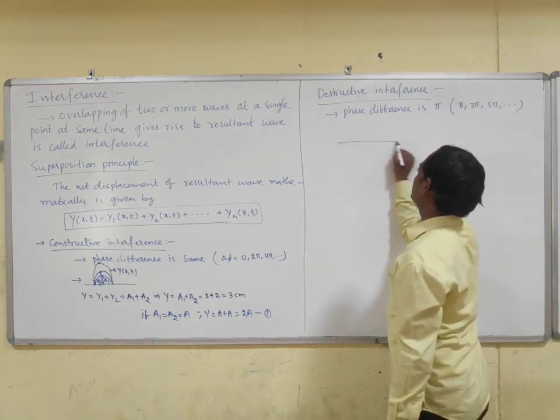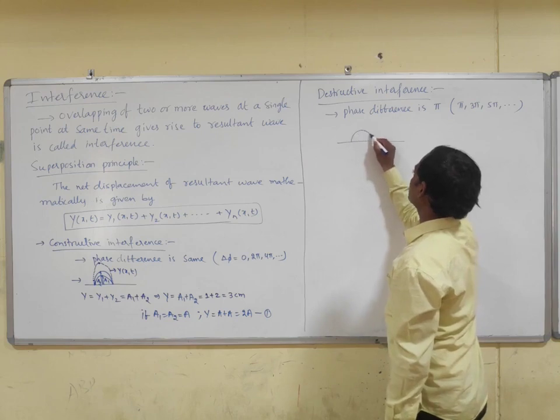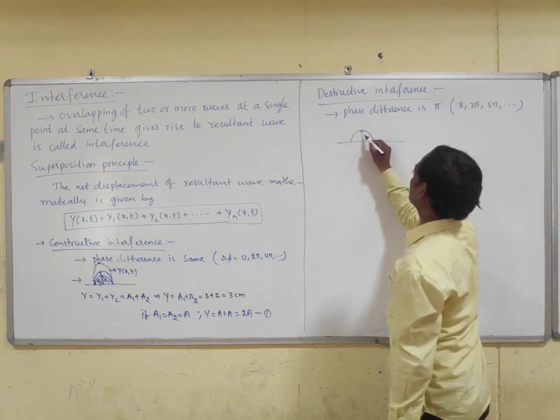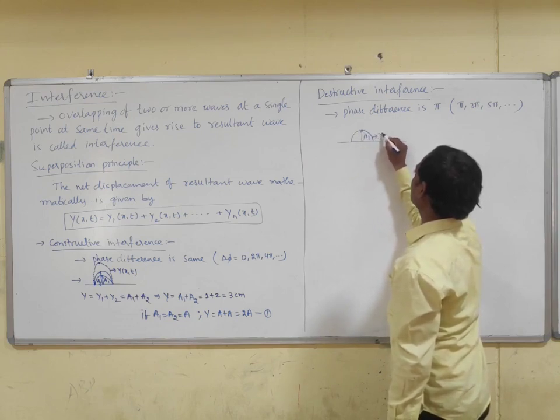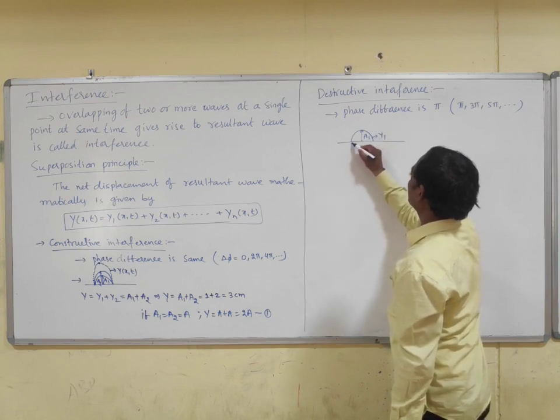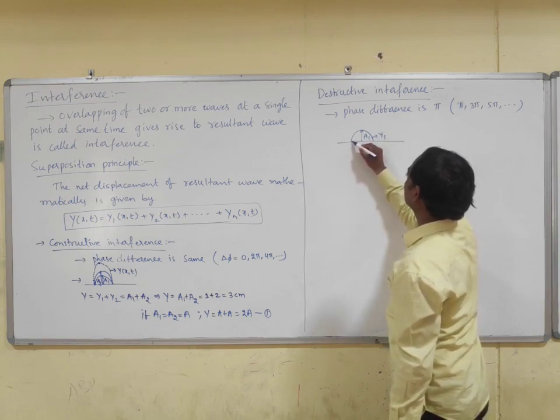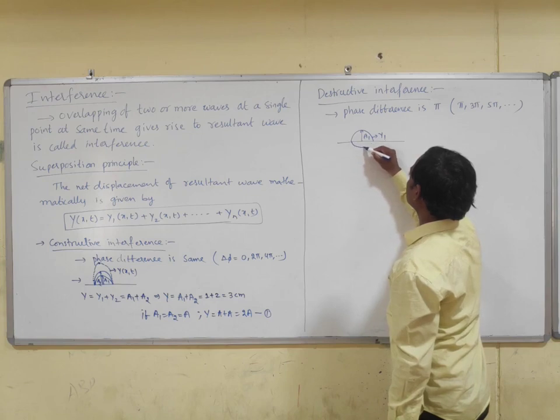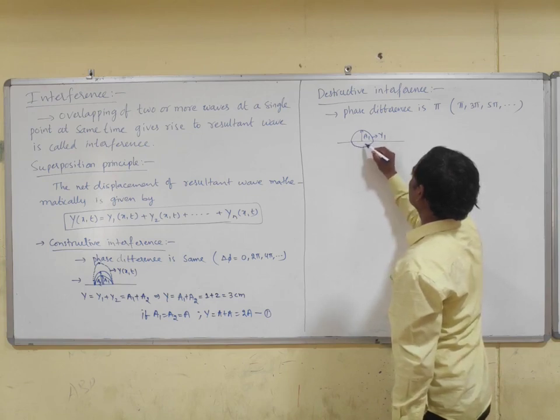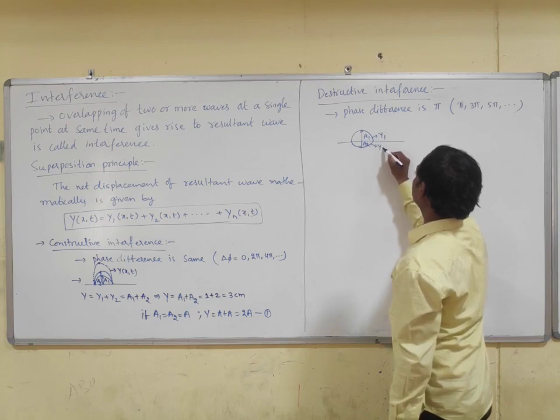Let us look at the two waves. This is A1 amplitude, this is Y1. Next, this is A2, Y2.